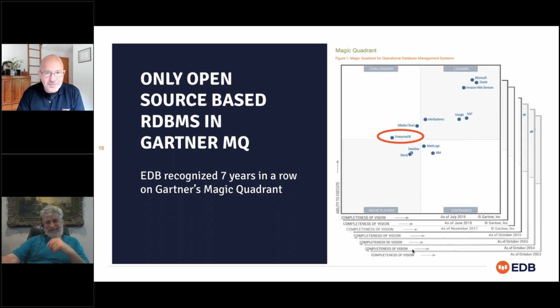So we have good experience here, and in Gartner's ratings, from an ability to execute and completeness of vision, we're the only open source relational database in the Magic Quadrant. That's why we feel confident about the experience that's encoded in PEM and the value it brings to our customers. Let's move forward.